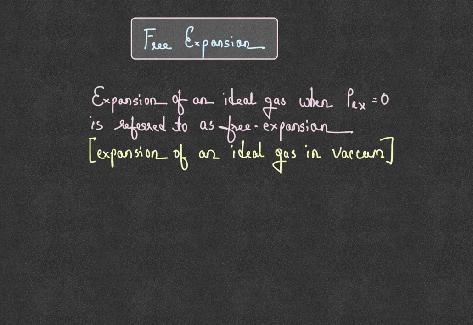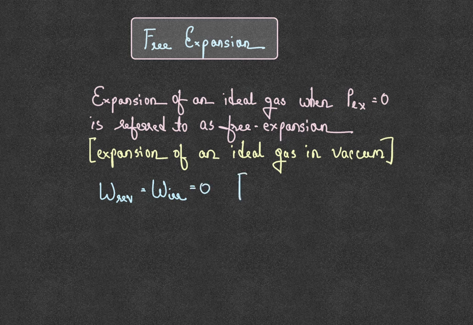So what is free expansion when external pressure is 0? It is expanding in vacuum. So what is the work done in free expansion? Work reversible, which is also equal to work irreversible, should be equal to 0. Why?